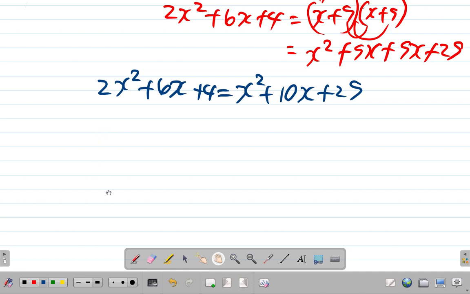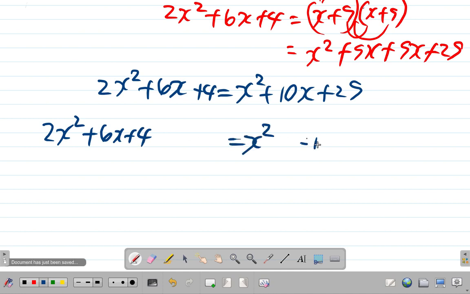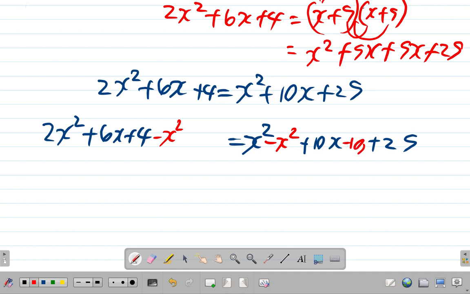We have 2x squared plus 6x plus 4 equals x squared plus 10x plus 25. You're going to minus x squared from both sides, minus 10x, and minus 25. You minus each item on the right.